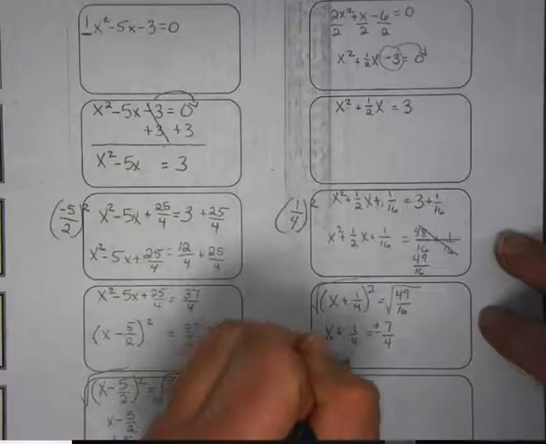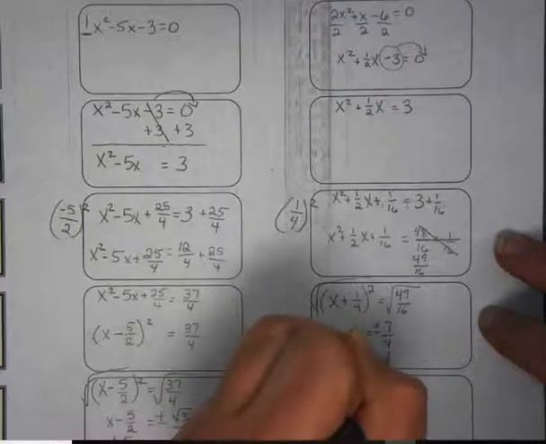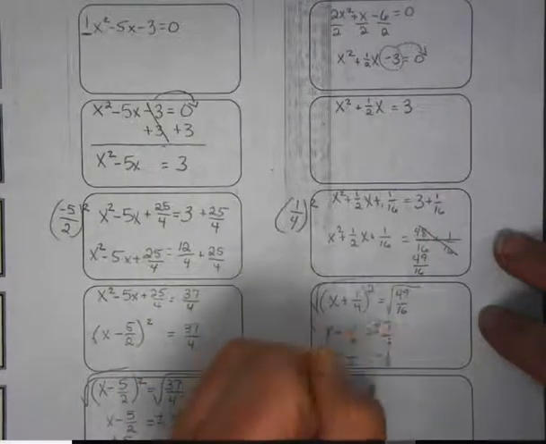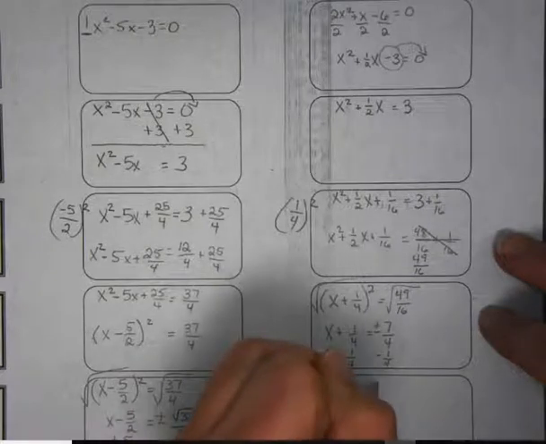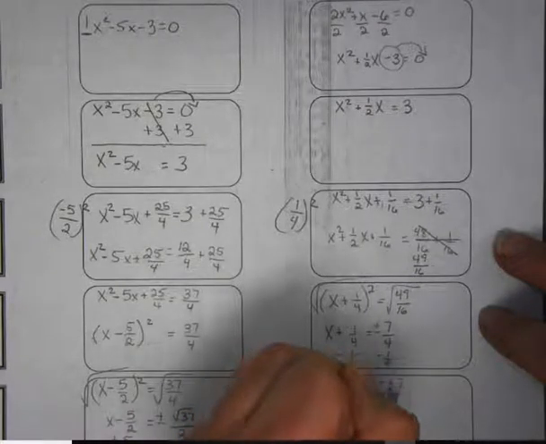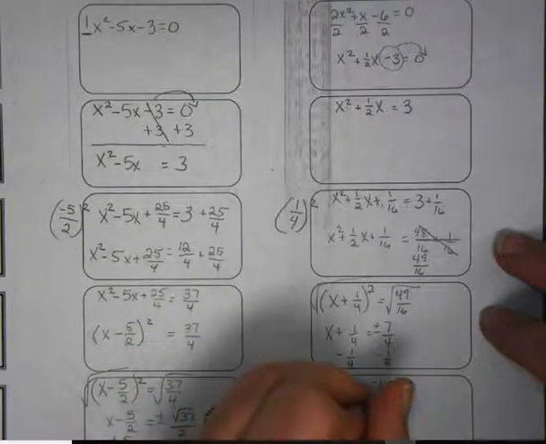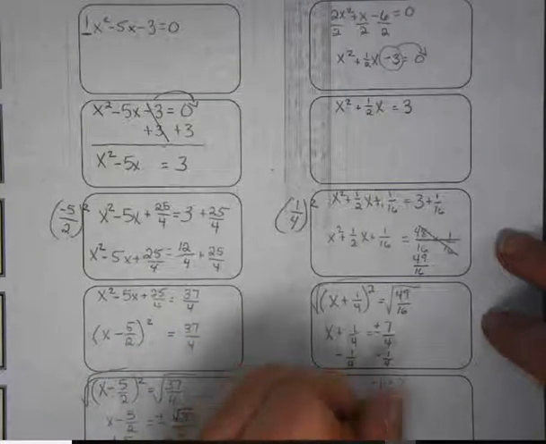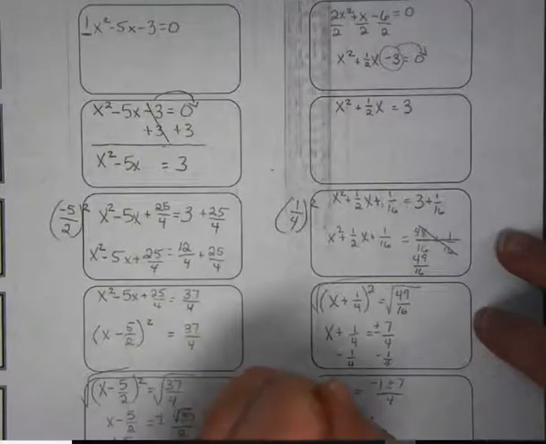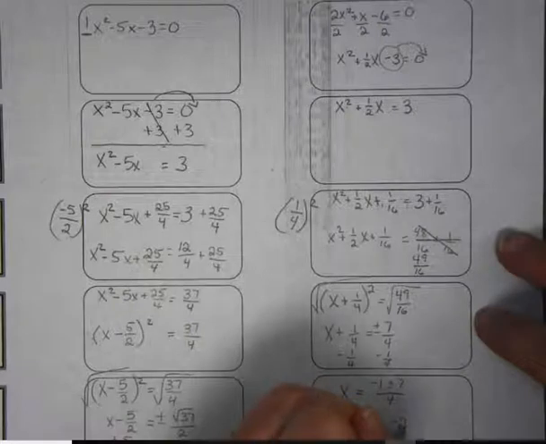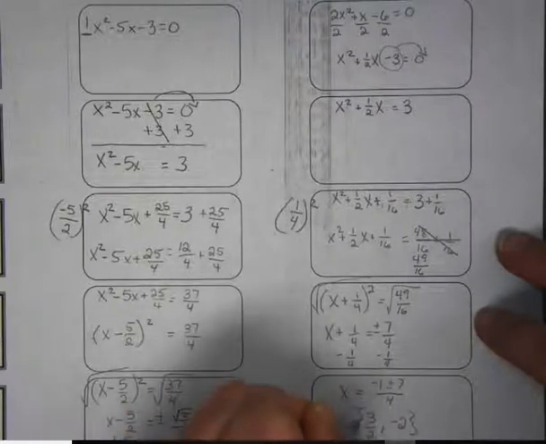So we're going to subtract 1/4 from both sides. And that's going to give me x equals -1 plus or minus 7, all of that over 4. So I have -1 plus 7 gives me 6/4, and that's going to give me 3/2. If I have -1 minus 7, that gives me -8 divided by 4 gives me -2. And those are my answers.